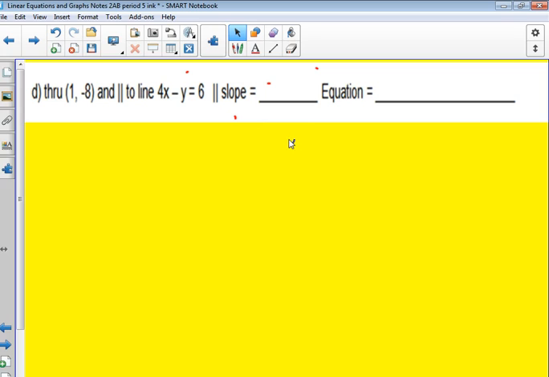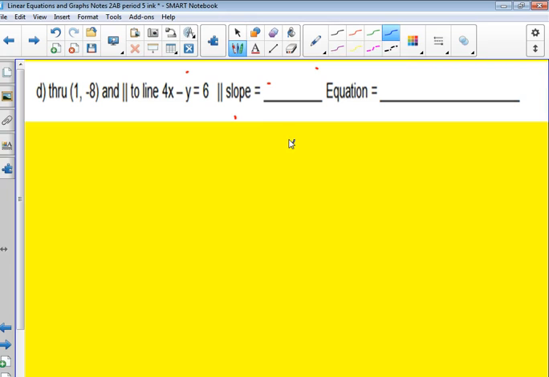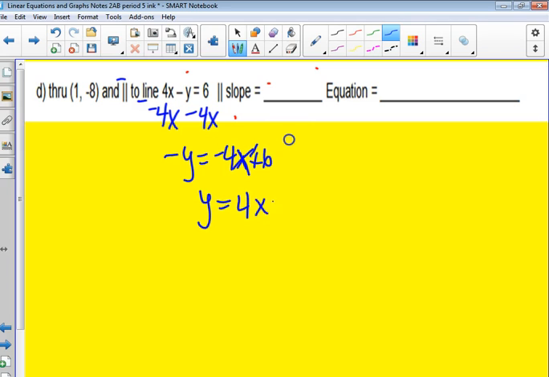So if we subtract the 4x, we get negative y equals negative 4x plus 6. And then if we change all the signs, we get y equals 4x minus 6. So what's our slope? 4. And if it's parallel, we don't need to flip it over and change the sign, right?